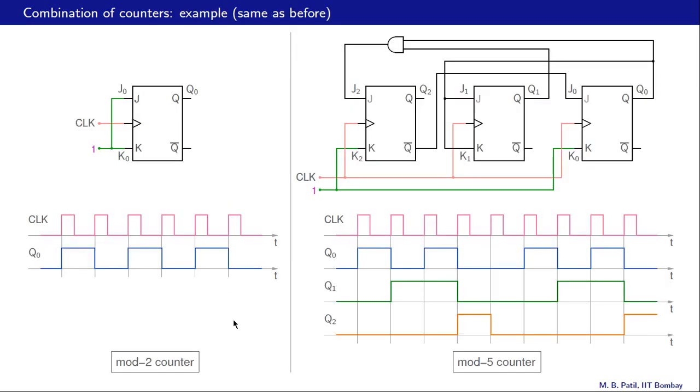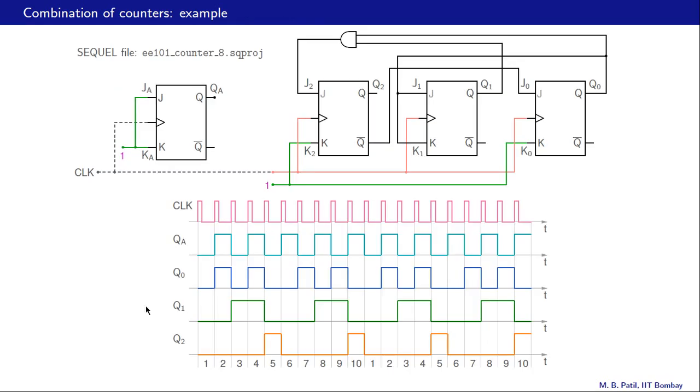Let us now look at an example, and these counters, our counter 1 and counter 2, are the same as before. This is a mod 2 counter and this is a mod 5 counter, and now what we are going to do is to apply the same clock to both of these counters and see what happens.